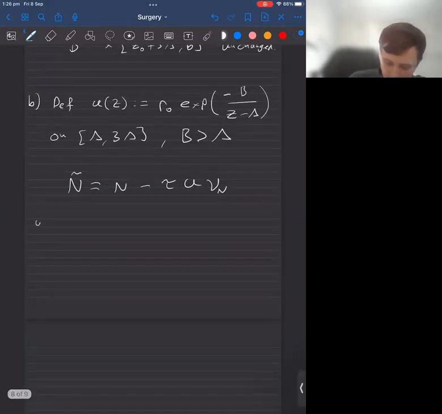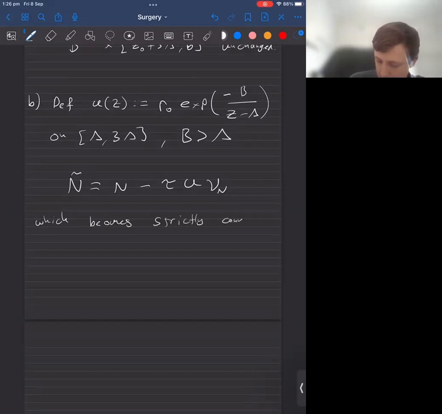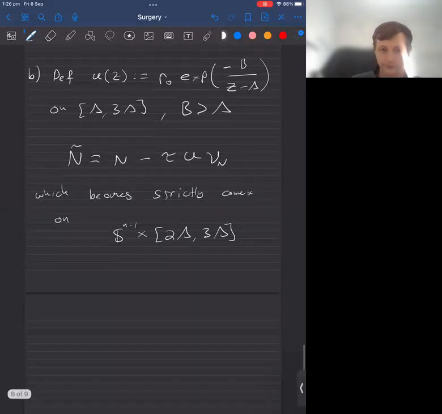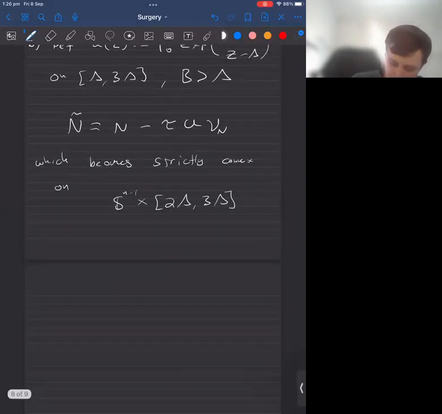And we do this in such a way that it becomes strictly convex on 2 lambda to 3 lambda. And let's also do the same to our cylinder with the same function.